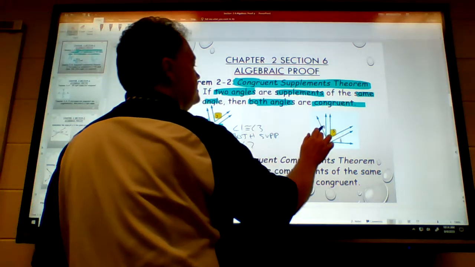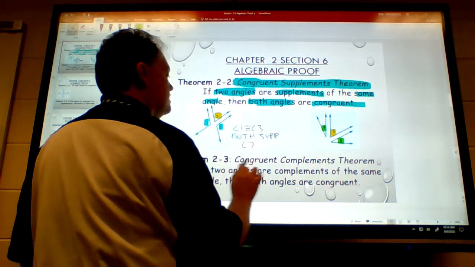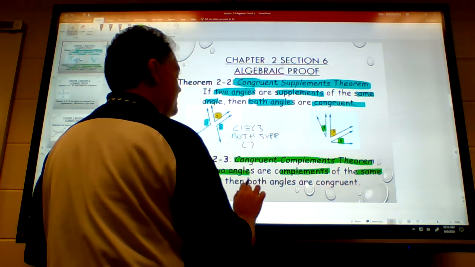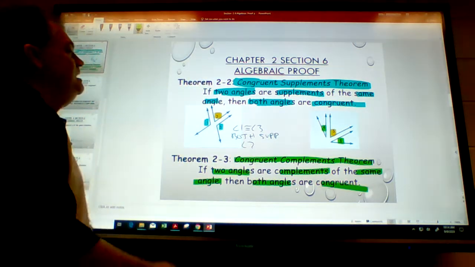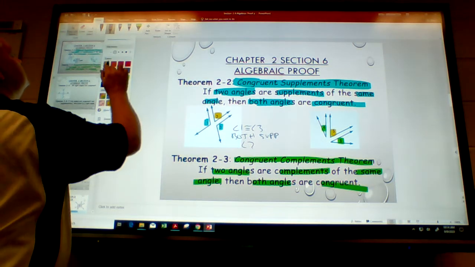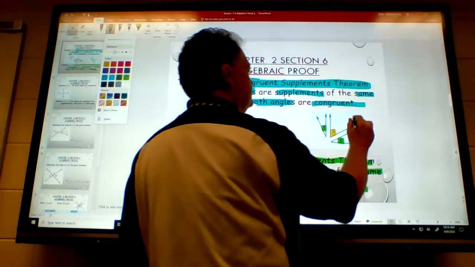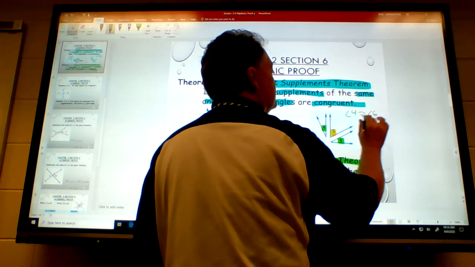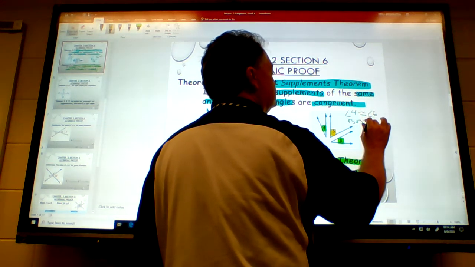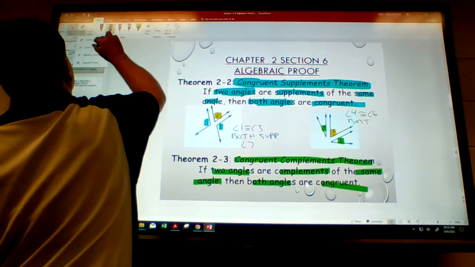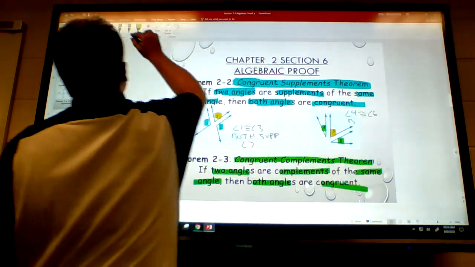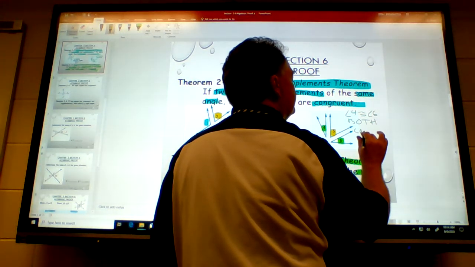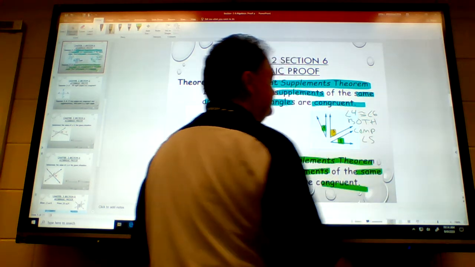And the same thing goes down here with the congruent complements theorem. It says that if two angles are complements of the same angle, then both angles are congruent. So that means that angle 4 is congruent to angle 6, and both are complementary to angle 5.